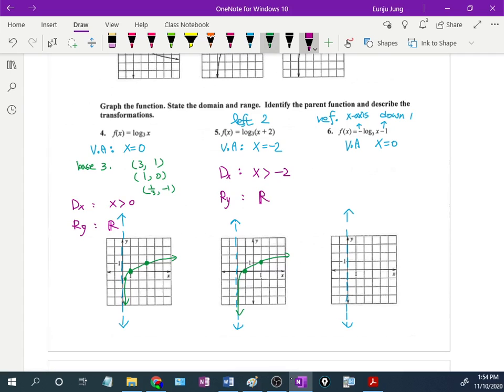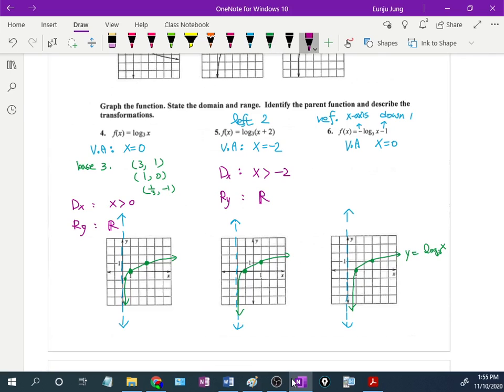Now let's do number 6. So I'm going to copy number 4 first of all, okay? And then I'll do one at a time. Let me use 2 ordered pairs, 1 and 0 and 3 and 1. Okay, that was the first one, number 4, right? So this is y equals log of x with base 3. That is the parent function. And I will show you a sequence of the transformation one at a time.